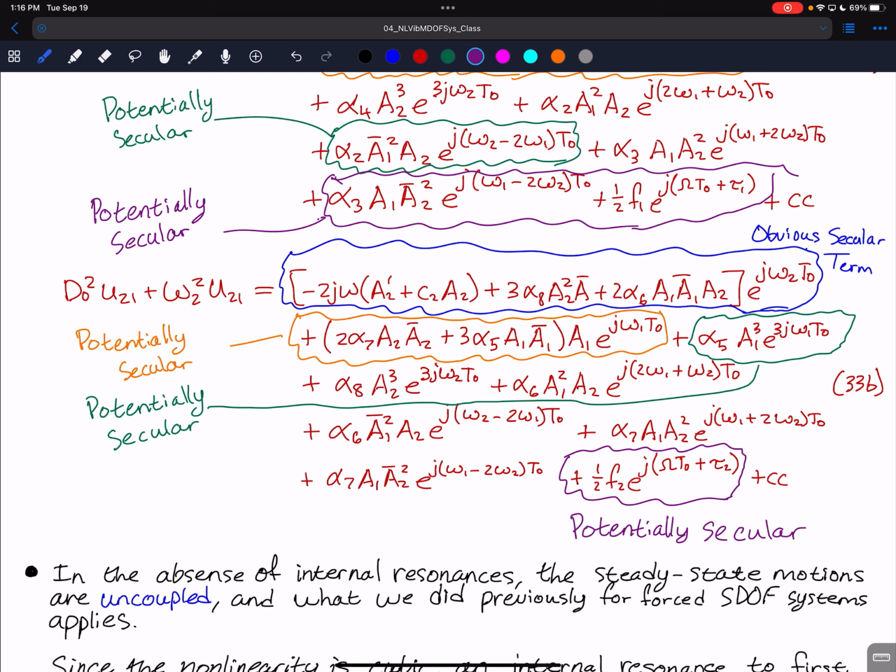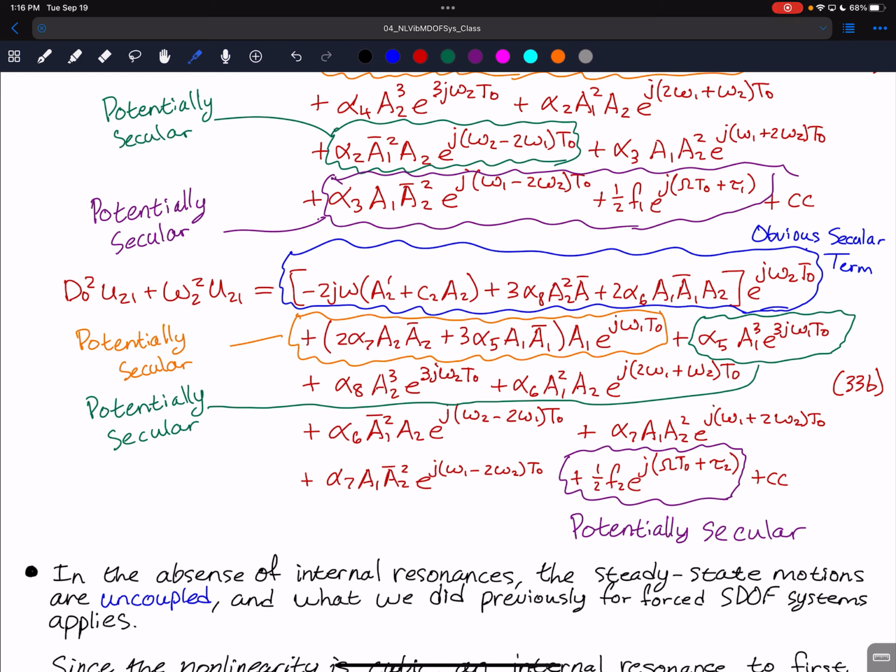Okay. Are there any other questions before we move on? Beside the purple term, you said that can't be secular, right? Yeah, it should not be secular. What if omega 1 is 3 omega 2?